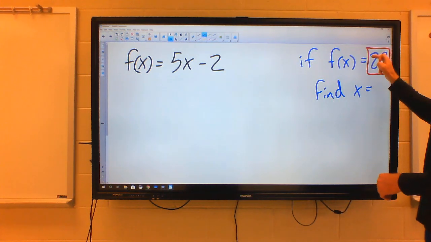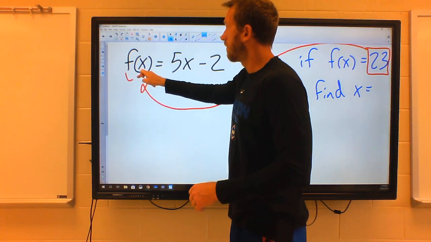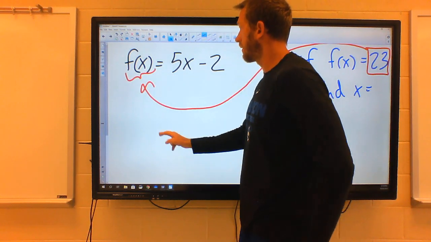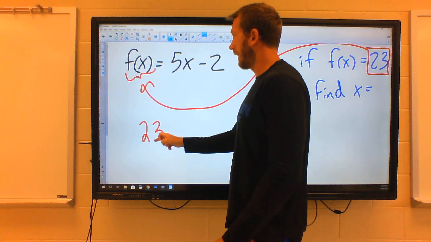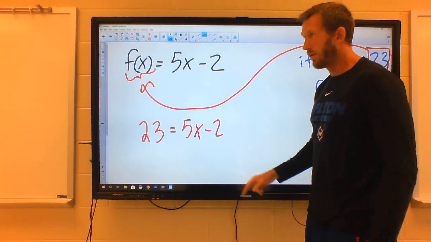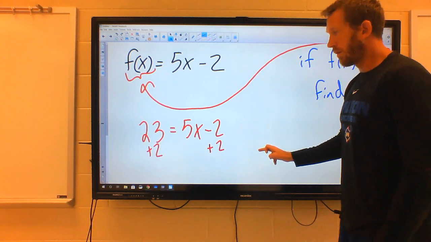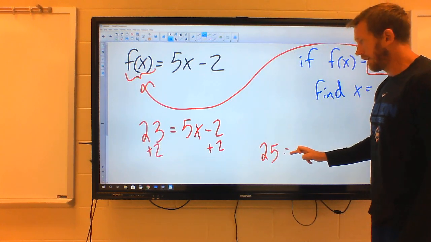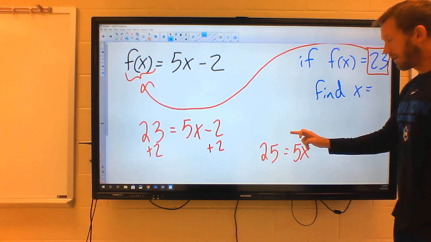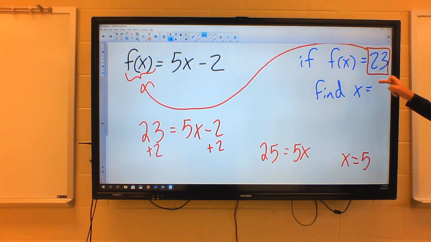All you're doing is taking 23 and substituting it in for this entire side of the equation. So we have 23 equals 5x minus 2. From there we add 2. You'll notice that we get 25 equals 5x. Divide that out, x equals 5. Boom.